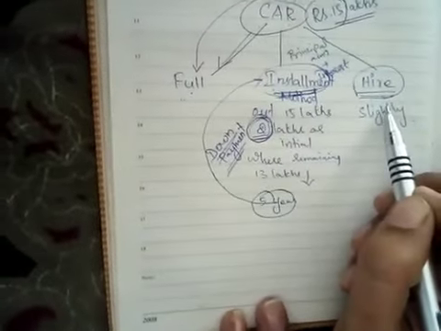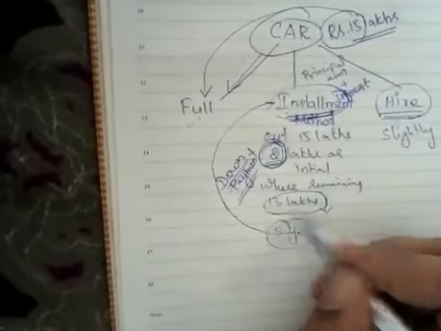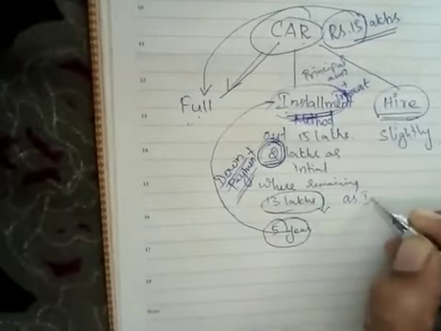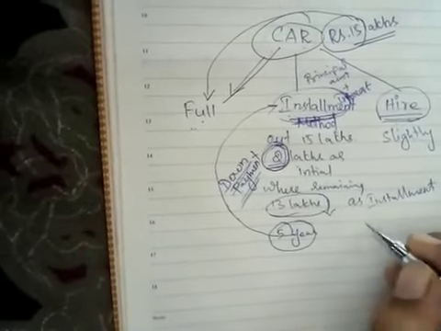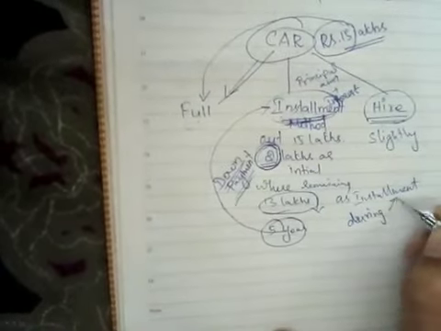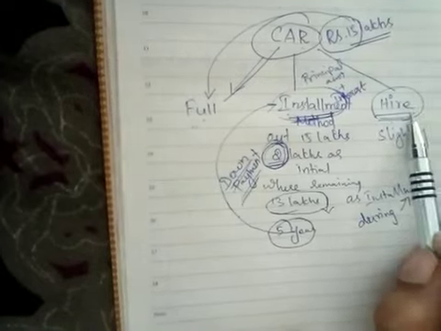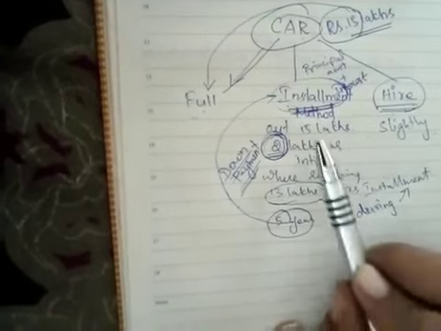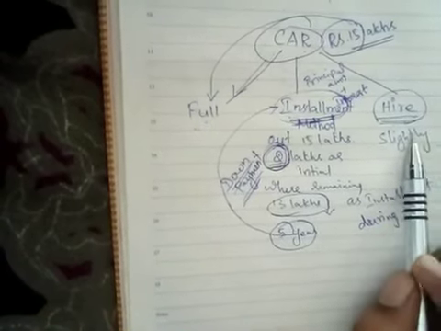The ownership is transferred only at the time of paying the last installment of the remaining 13 lakhs. This is the major difference between the installment system and hire purchase system.